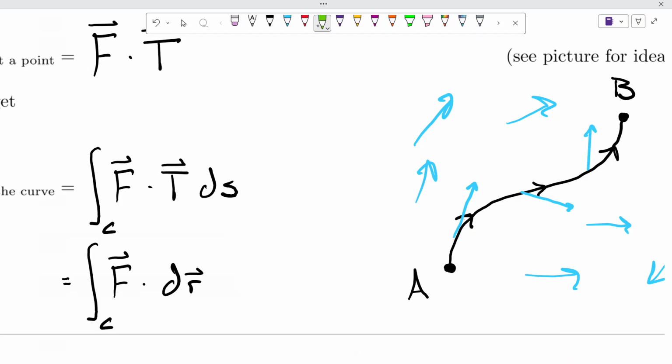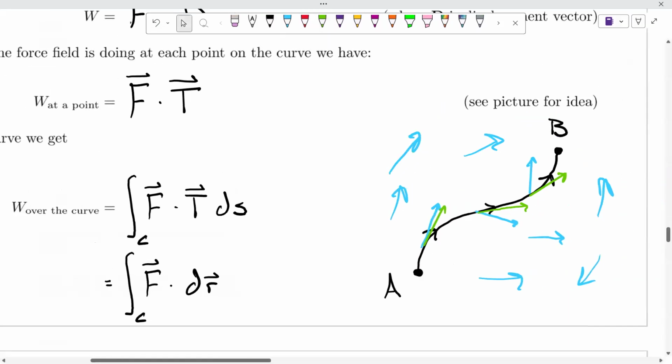And then also come in and look at some of my tangent vectors, which I think will be here. I think that tangent vector should be under the curve. So tangent vectors here drawn in green, force field drawn in blue.